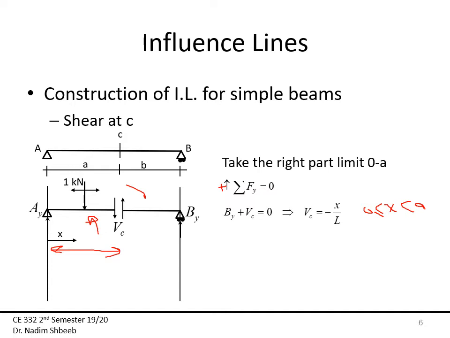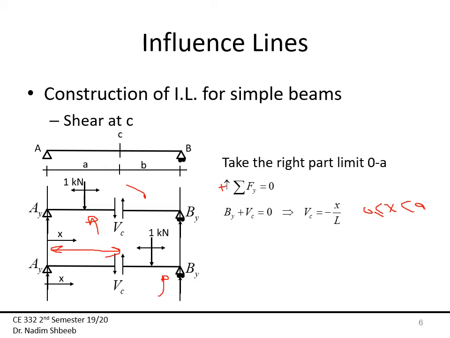The only thing I did, instead of looking at the left part, I took the right part because it's easier. Now the second part is my 1 kilonewton now is going to move after C. So here I'm going to employ the same technique instead of looking at this part.